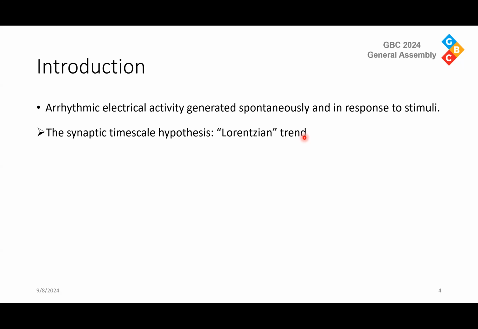But the neurophysiological mechanisms are not clear for this aperiodic activity. There are mainly two hypotheses before: the synaptic timescale hypothesis, which may be formed by the Lorentzian process, and the second one is the self-organized criticality avalanche dynamics.